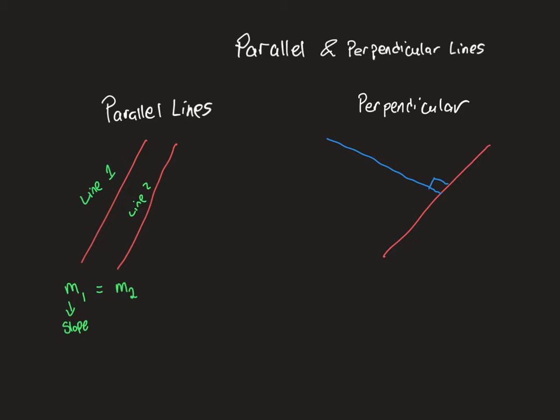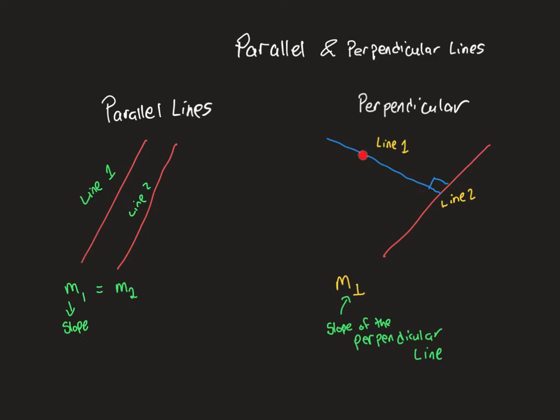So, if this is line 1, and this is line 2, then we can say that the slope of the perpendicular line, and if you're looking at these two lines, you have this line here, which means the perpendicular line for it would be this.